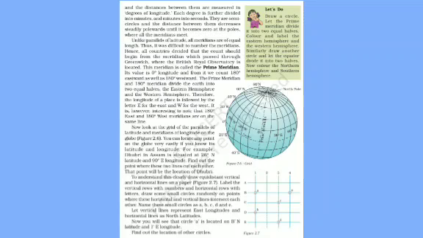But here, the longitudes are semicircles, and the distance between them decreases steadily poleward until it becomes 0 at the pole, where all the meridians meet. So at the pole, everything becomes 0, and the space between them decreases steadily polewards.